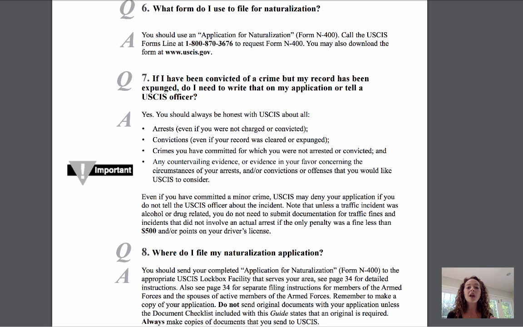You should always be honest with USCIS about all arrests, even if you were not charged or convicted, convictions, even if your record was cleared or expunged, crimes you have committed for which you were not arrested or convicted, and any countervailing evidence or evidence in your favor concerning the circumstances of your arrest, and or convictions or offenses that you would like USCIS to consider.